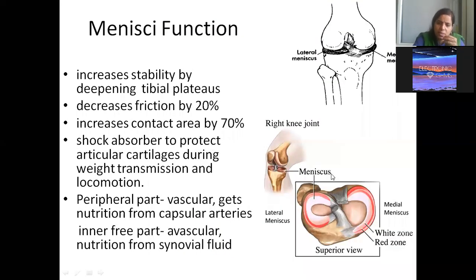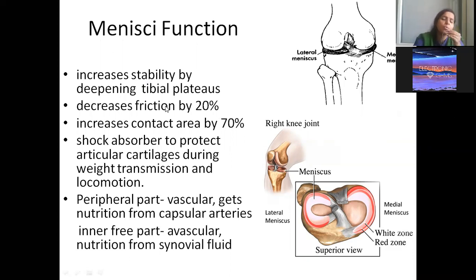Now let us see what the menisci do. Menisci increase stability by deepening the tibial plateaus. I already told you, you can see it very clearly here: it is deepening the superior aspect of the condyles of the tibia. That is how it helps in reducing friction by 20%.